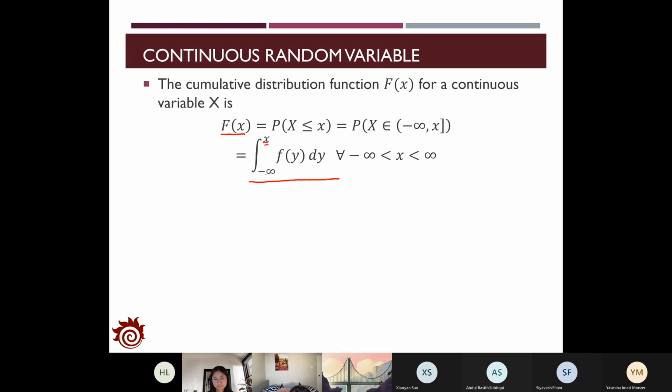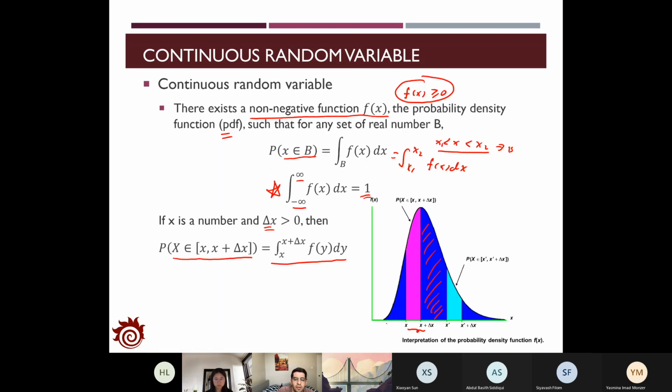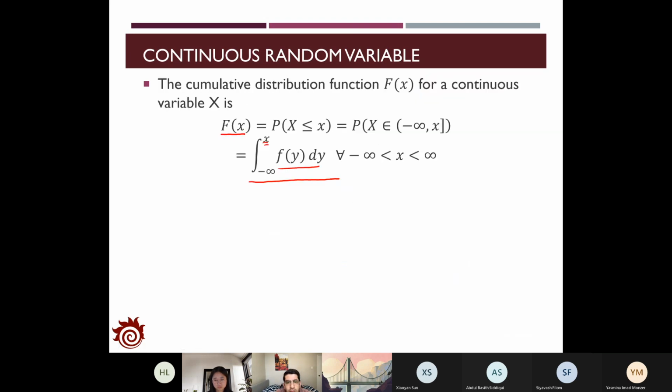So that is the integration from minus infinity to x of fy dy. If we have discretized them, it could be the summation of all the small intervals put together, and you get the cumulative distribution function from minus infinity to infinity.